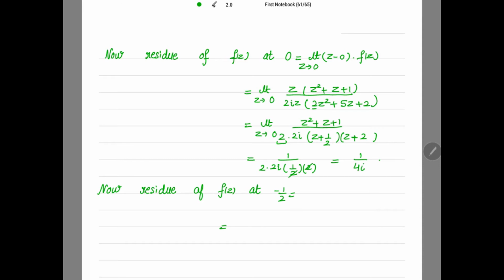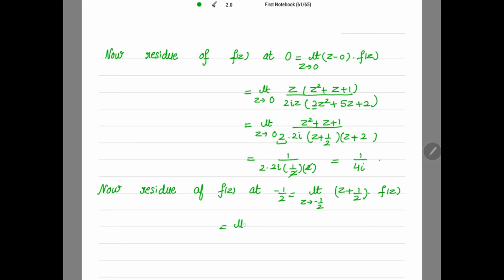Now calculating the residue of f(z) at minus 1 by 2, which is limit z tends to minus 1 by 2, (z minus minus 1 by 2), that is z plus 1 by 2, into f(z).